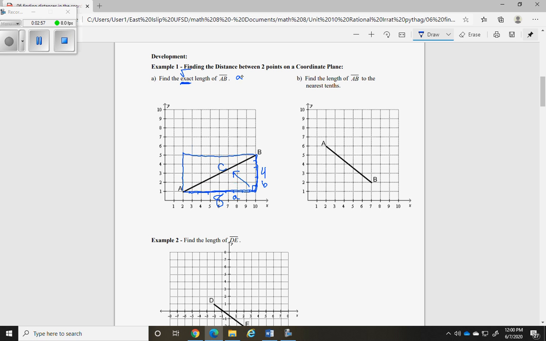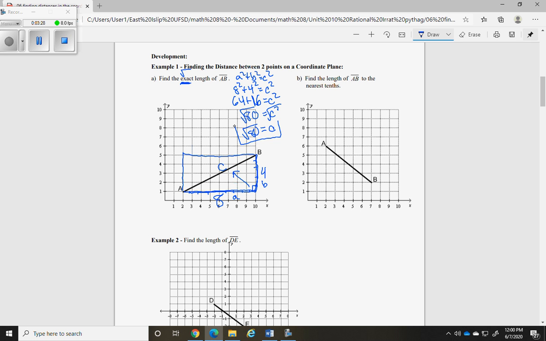I have to do a squared plus b squared equals c squared, so I can do 8 squared plus 4 squared equals c squared. 64 plus 16 equals c squared. So 80 is what c squared is. So if I square root both sides, c is equal to the square root of 80.